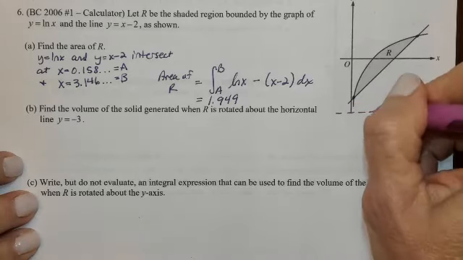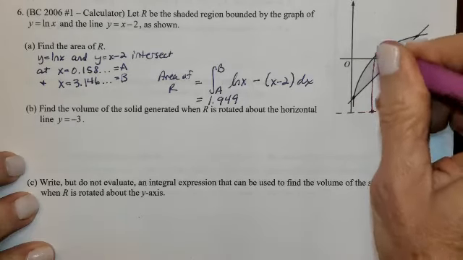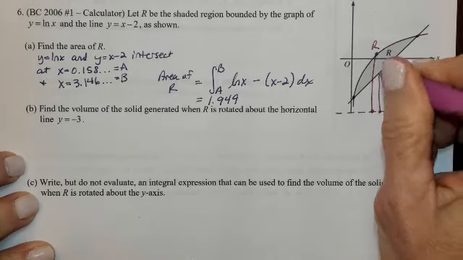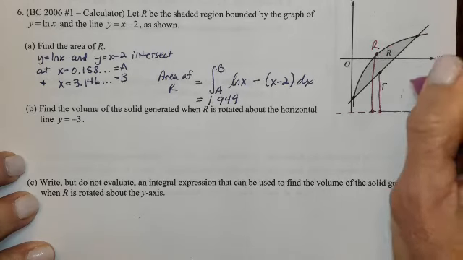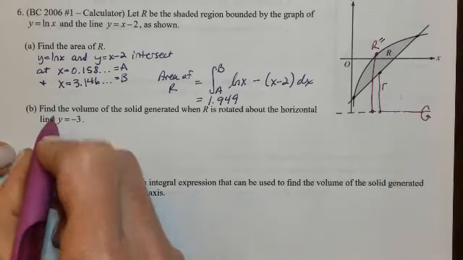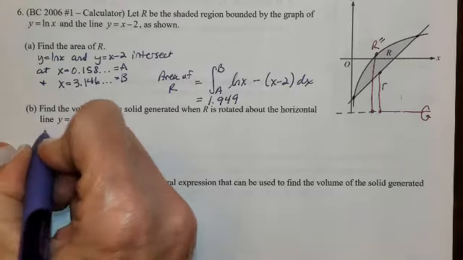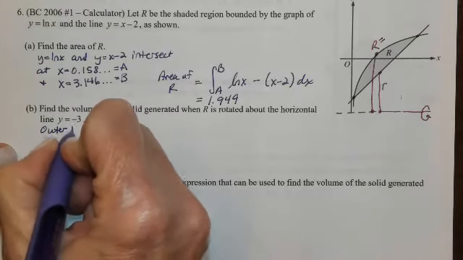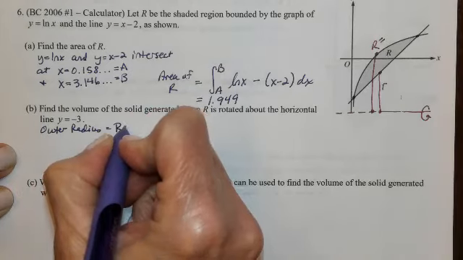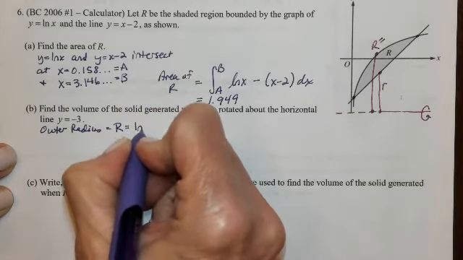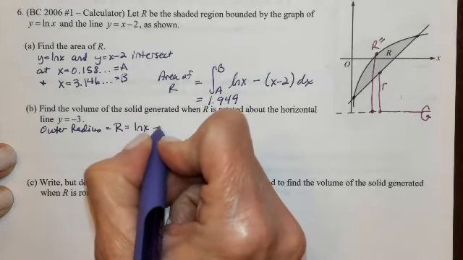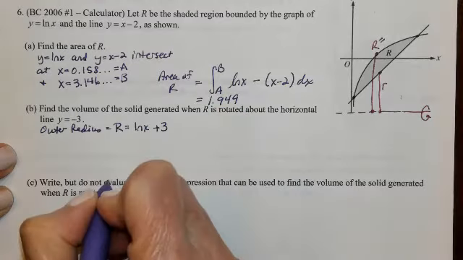So I need my outer radius that I need to keep, and my inner radius that I'm going to subtract out. My outer radius is, I'm going to call it a capital R, is going to be my ln of x minus a -3, which is +3.